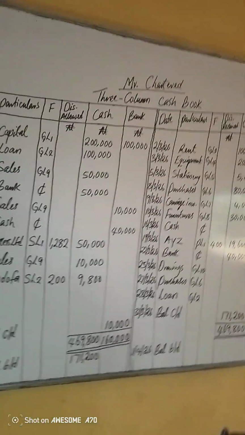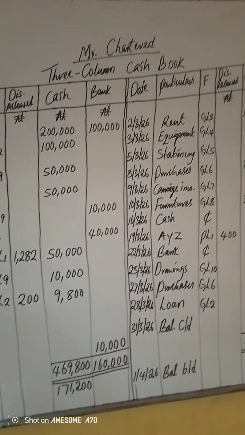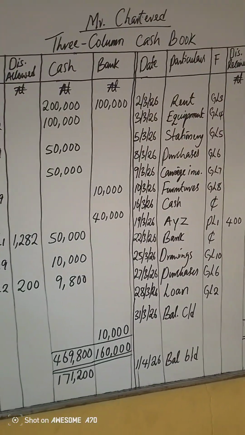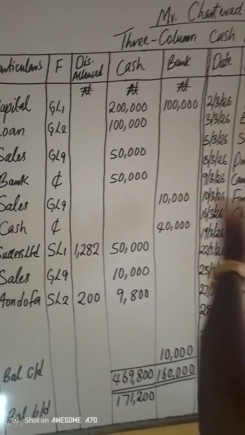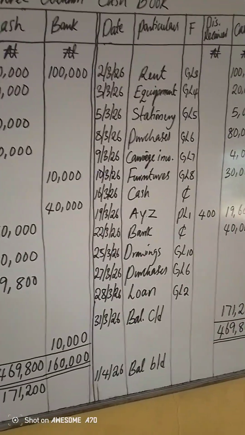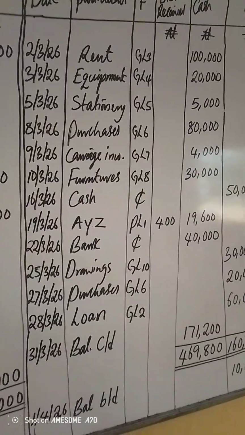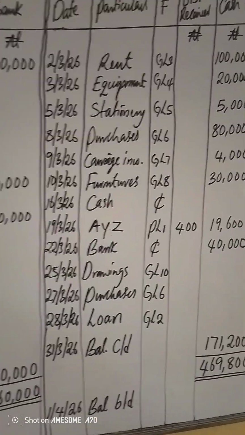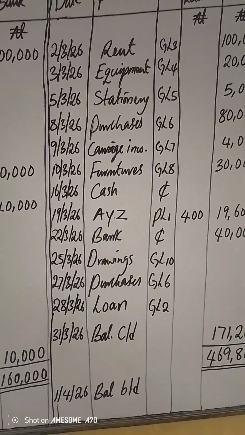Bank cash on the 22nd of March 2026 is a contra entry. I always say start with the giver account, the giver side, and the giver side here is cash. Cash is given to bank, and it's a contra entry.